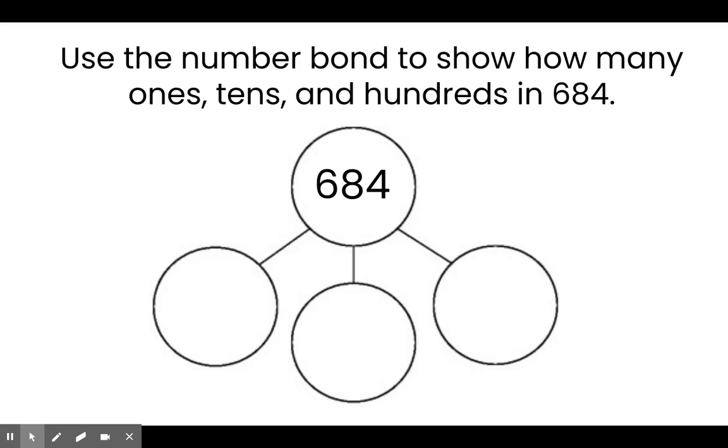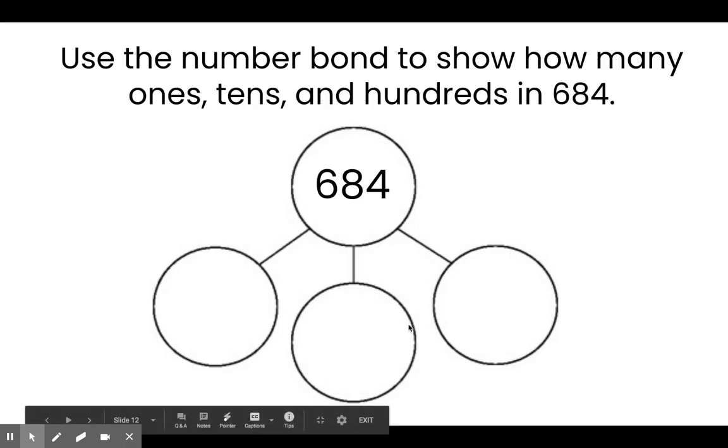The first thing you'll need to do is draw a number bond. Start with one circle at the top. Draw 3 lines coming out from your top circle and connect them with one more circle at the end of the line. That will make your number bond. Write the number 684 in your top circle.